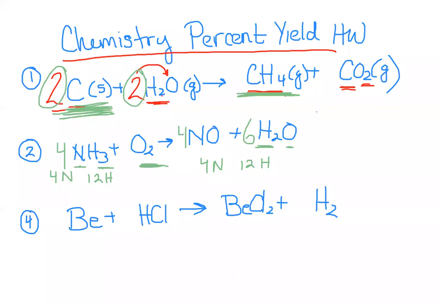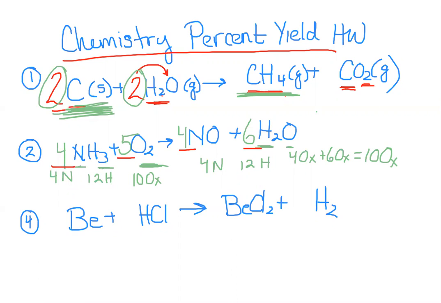We have 4 oxygen here and 6 oxygen, which gives us 10 oxygen. So now we can put a 5 in front of this, so we have 10 oxygen on this side. So this is your balanced equation for number 2. Your coefficients are 4, 5, 4, 6. And they can't be reduced at all.